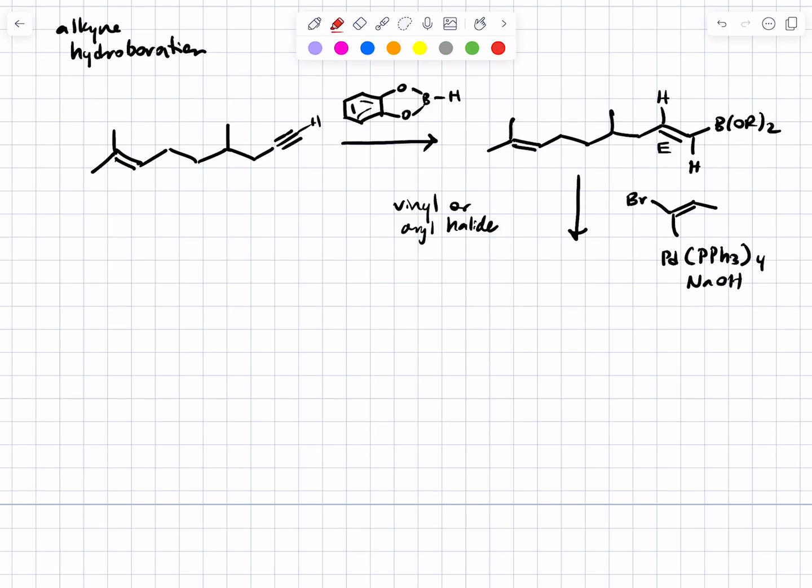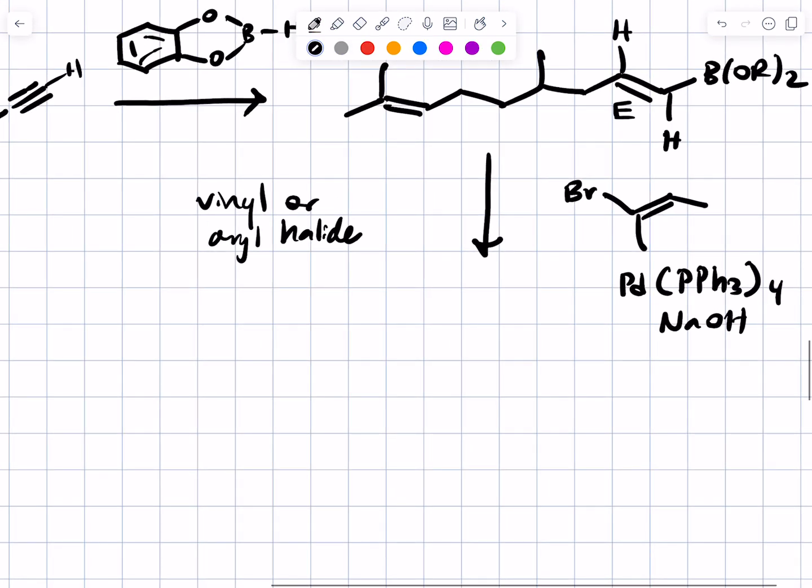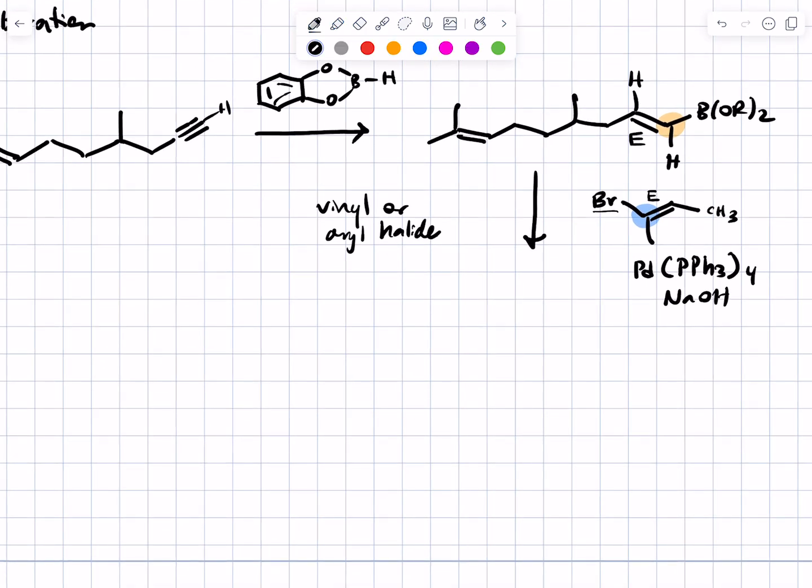And recognize that in this Suzuki reagent, the two high priority groups on either side of the alkene are also trans to each other. So we're simply going to couple the carbon that was bonded to boron to the carbon that was bonded to bromine, and we're going to keep the stereochemical relationship about each of those double bonds the same.